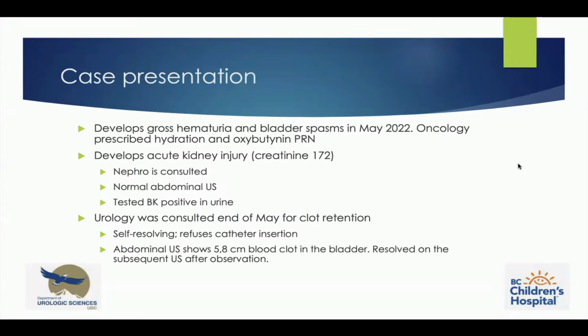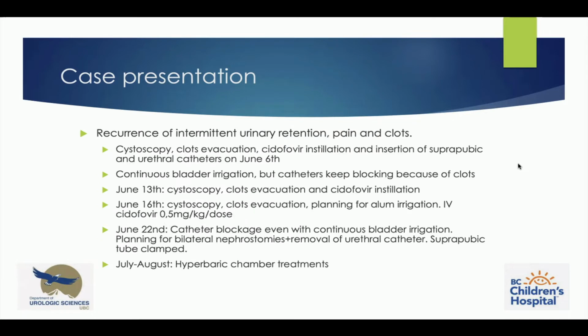And then it recurred and an abdominal ultrasound was done and showed a 5.8 centimeter blood clot in the bladder. Again, the patient refuses catheter insertion, and finally the clot resolved on the subsequent ultrasound after observation because he was still able to pee. And then again, recurrence of urinary retention with pain and clots.